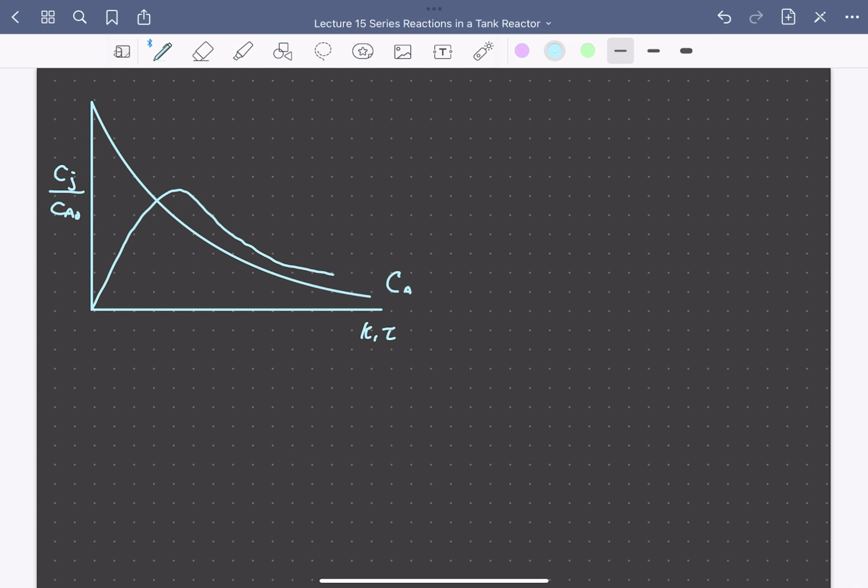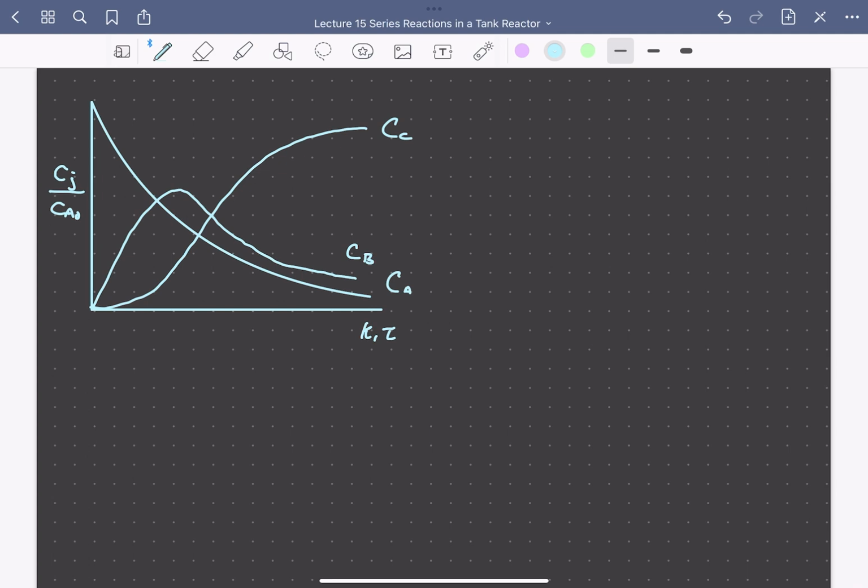The concentration profile of B, it's going to increase initially as A is converted to B, but eventually decrease as B continues to be converted into the final product C. And the concentration profile for C, initially it's going to have a quite low concentration as there's not enough B in the reactor to form any C, but eventually it will become the dominant product.